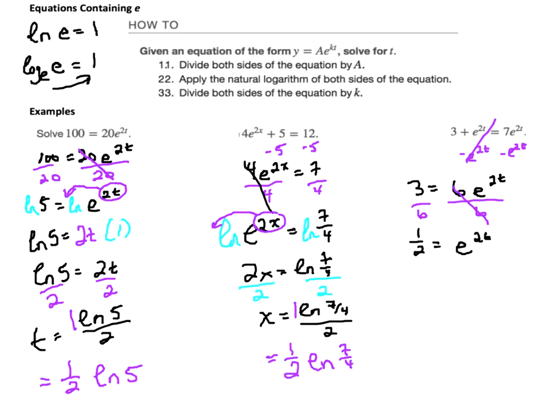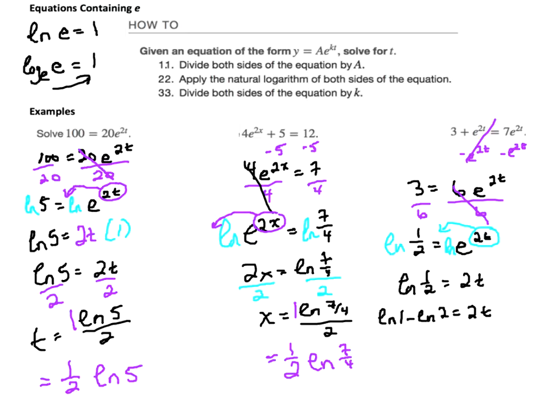Ready to take the ln of both sides. That 2t is going to come out front as a coefficient, and the ln of e is 1. So the right-hand side is just 2t. Left-hand side, ln of 1/2. The ln of 1/2 is the same thing as the ln of 1 minus the ln of 2. That's using our quotient property of logarithms.